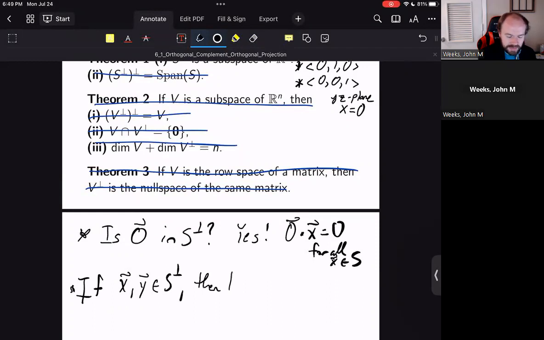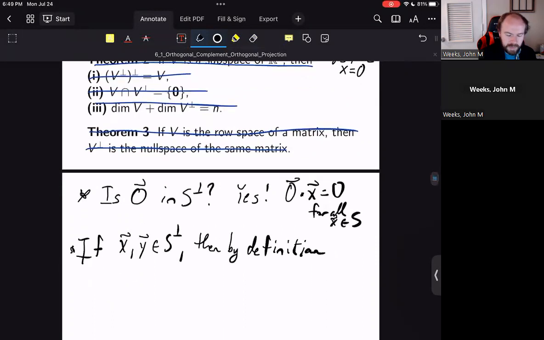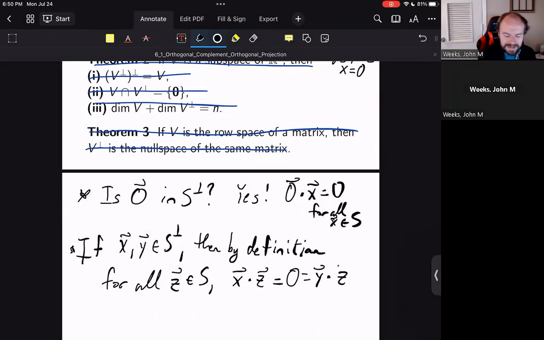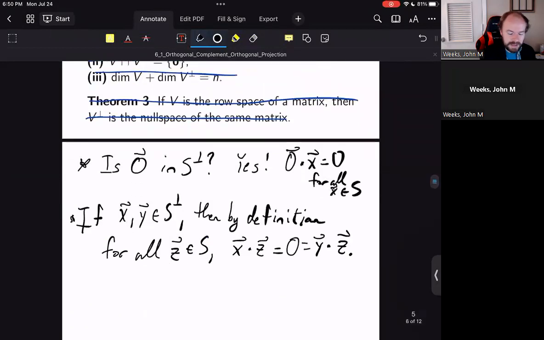Then by definition, for all vectors z inside of S, x dot z is 0, as is y dot z. This is what it means to be in S perp: for any vector inside of our set S, we have x dot z is 0 and y dot z is 0 as well.